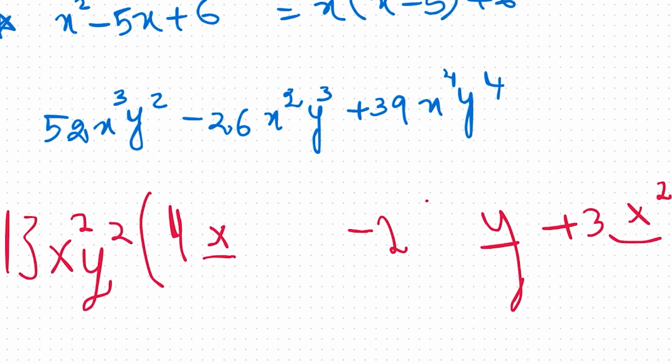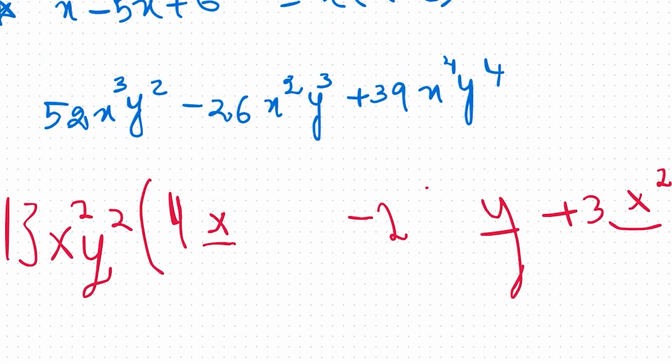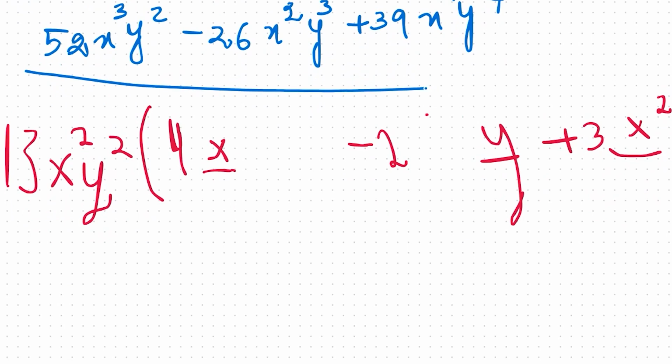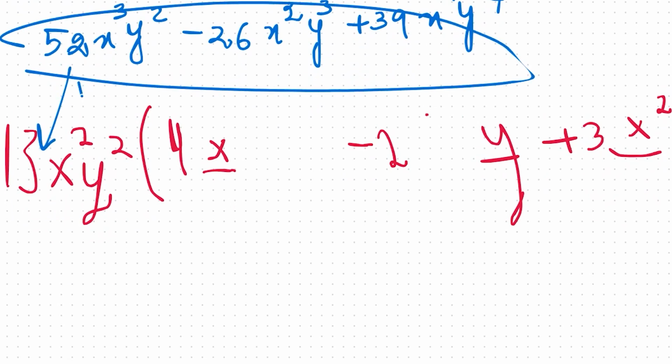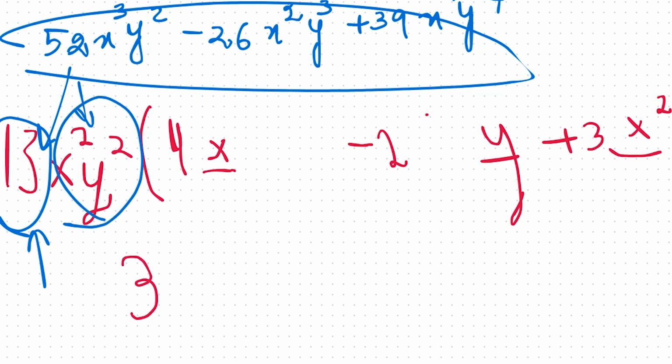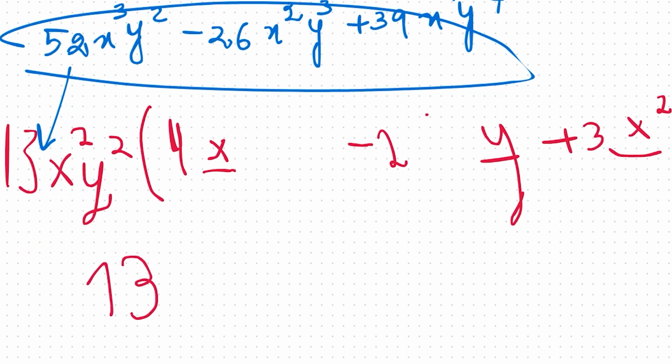Whenever we solve factorization questions, you have to look out for two things: numbers and then variables. How much number you can take out throughout, and how much variables you can take out throughout. That is the thing.